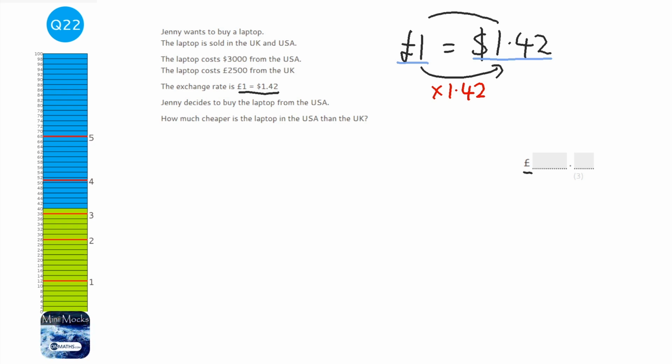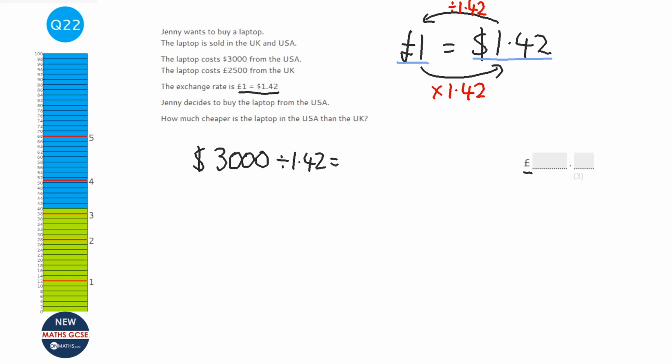So we're actually going the other way. When we go the other way, instead of times, we just divide. So we're dividing dollars by 1.42 to get to pounds. So we've got $3,000, and we want to convert it into pounds. So we're going to divide it by 1.42, and I'm just going to type that into my calculator.